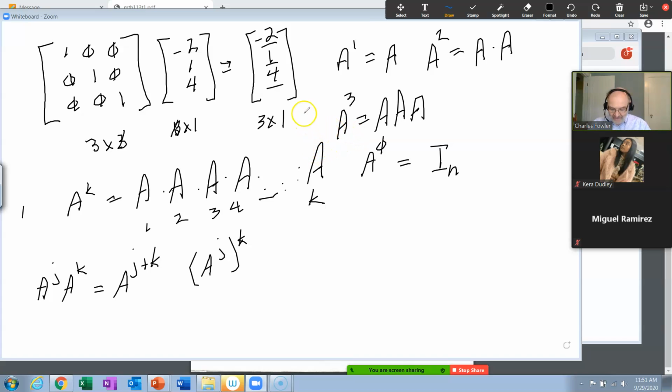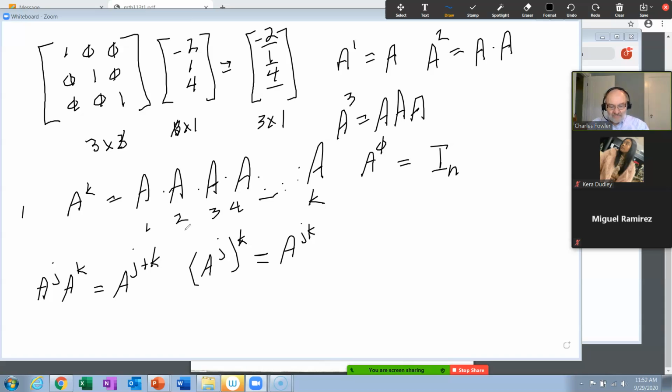And sure enough, that is the rule. That would be A to the J times K. When you're multiplying matrices, same matrix, different exponents, keep the matrix, add the exponents. When you're raising a power of a matrix to another power, keep the matrix, multiply the exponents.